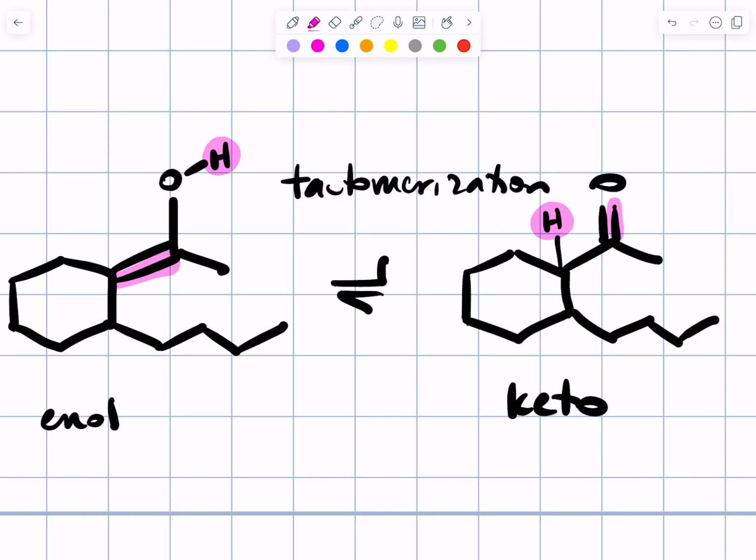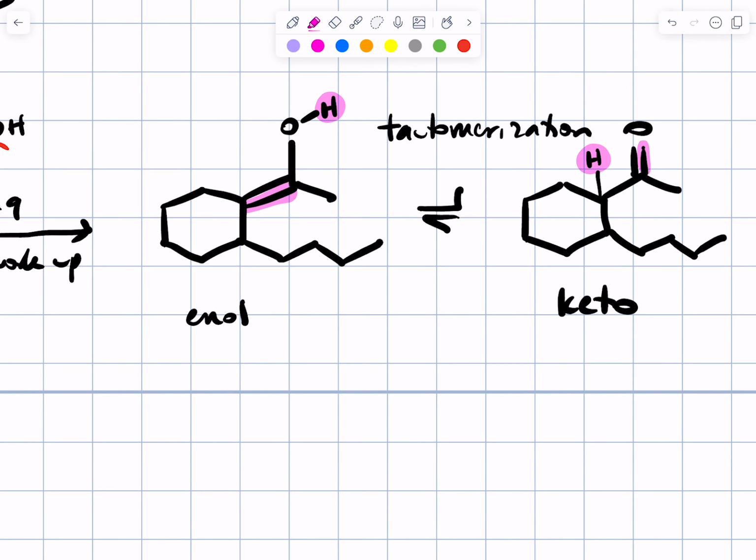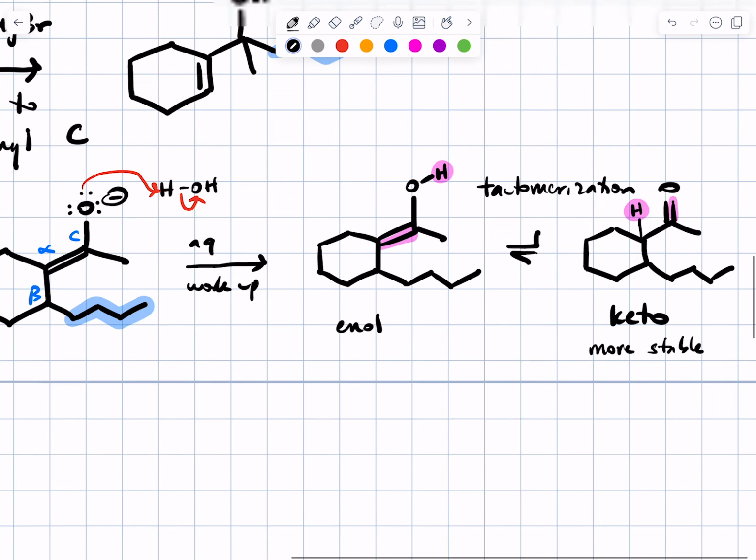Tautomerization involves moving only a proton and 1 or more pi bonds. It turns out that the keto form is more stable than the enol form, so that's what we observe.